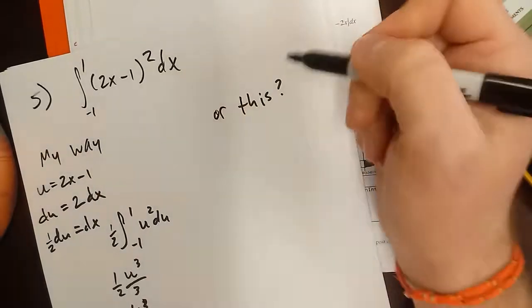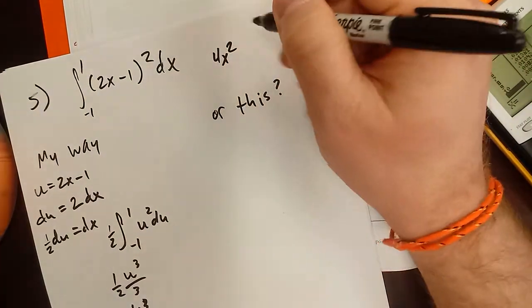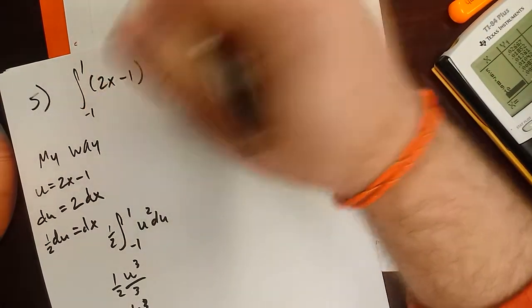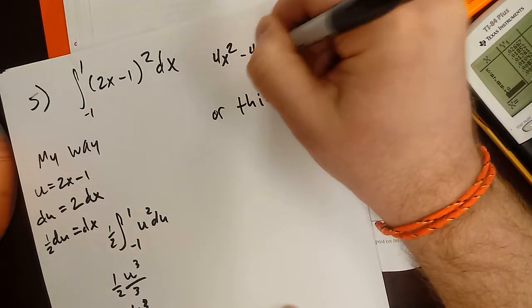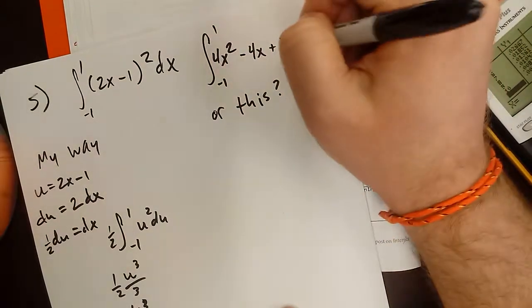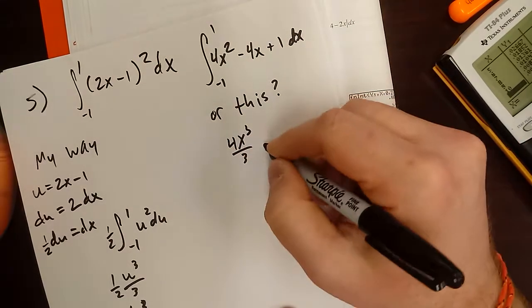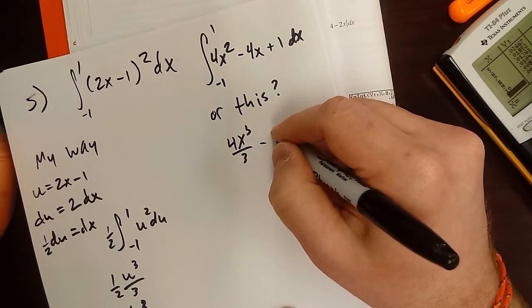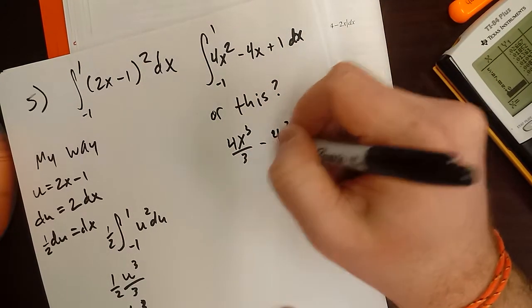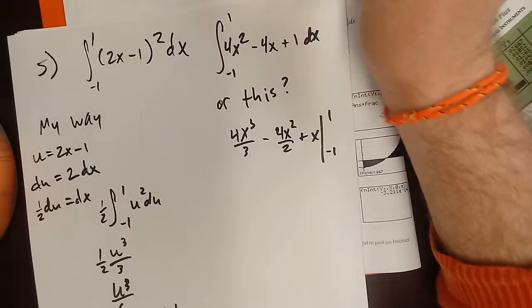So the other way would be, oh, well, why don't we just square it out and get 4x squared. Then we'll get minus 2x twice, so minus 4x plus 1. Why don't I just do this? So I get 4x cubed over 3 minus 4x squared over 2 plus x evaluated from negative 1 to 1.